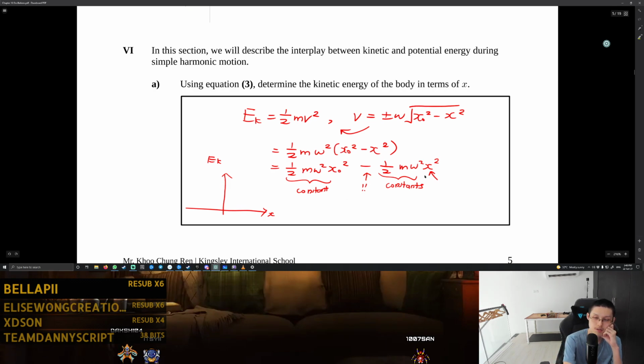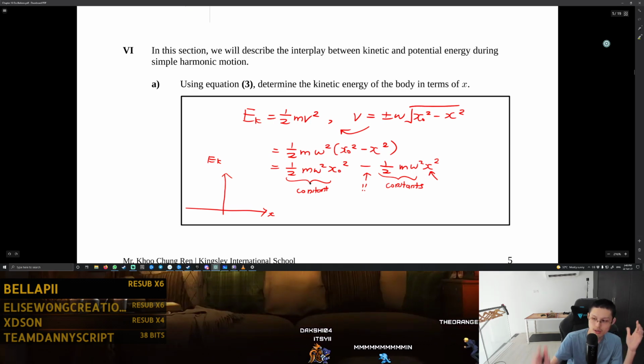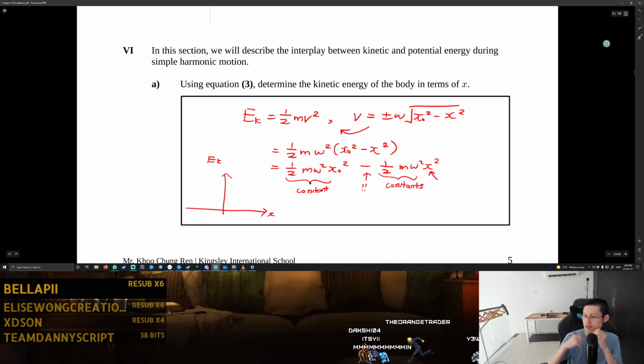Because imagine if your displacement is 0, then my kinetic energy is going to be some maximum value, which is this guy here. Okay, it's just to make sense of what this means.